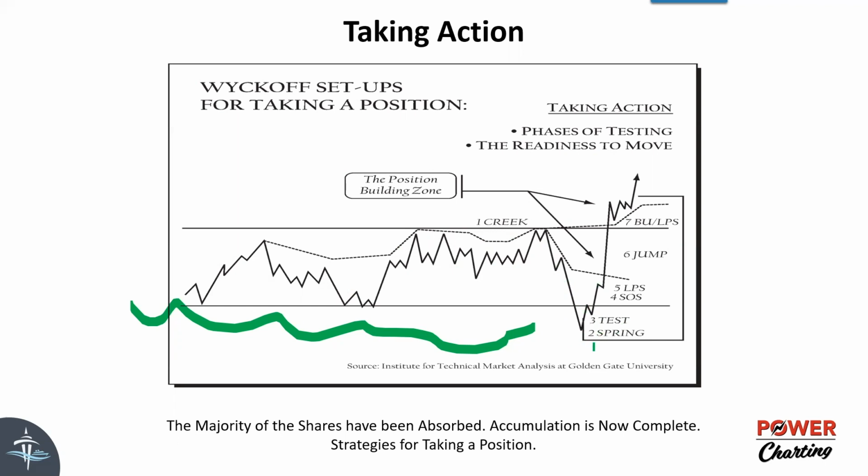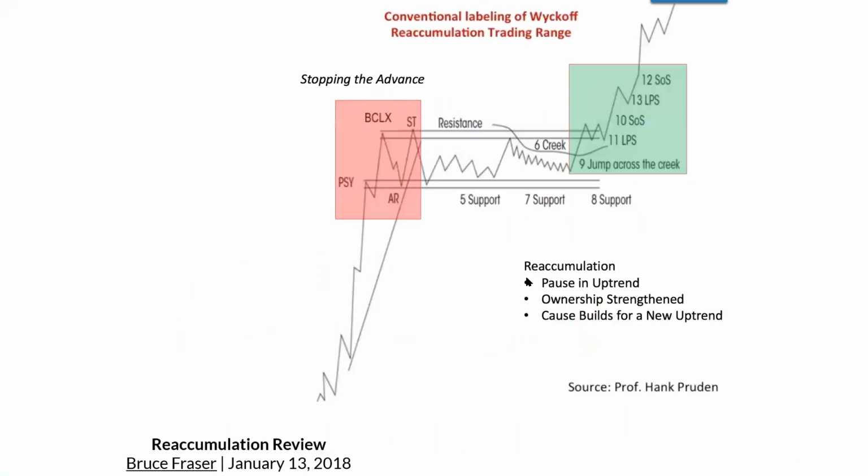It's the lowest price, but arguably the highest risk because prices can keep going down. Then we have a last point of support, a sign of strength and jump across the creek, a backup and an LPS, and then we're out of the accumulation range and into a new uptrend. So these are all places where we will take positions, add to our existing positions, and so on.